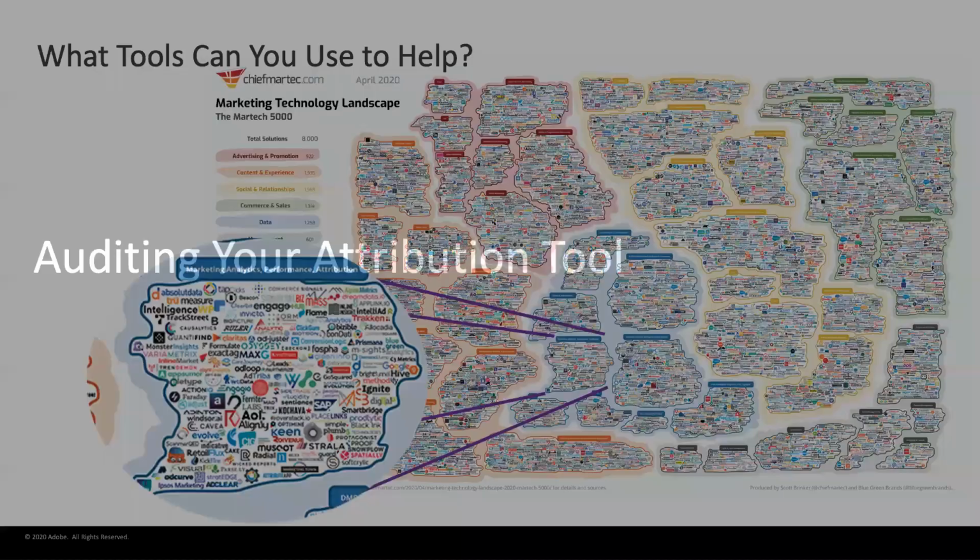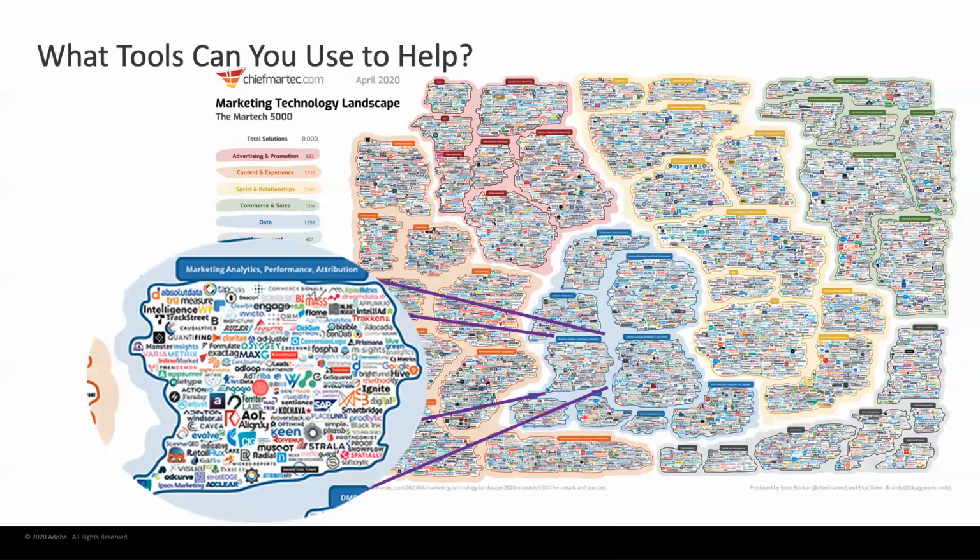Okay, so we're going to talk about auditing your attribution tool, but we're also going to talk about attribution tools in general to start with, and then drill down from there. First and foremost, I think most of us have seen this landscape in its increasing complexity and mind-bogglingness. The little country that exists currently around analytics, attribution, et cetera, continues to get more complex and robust every year.